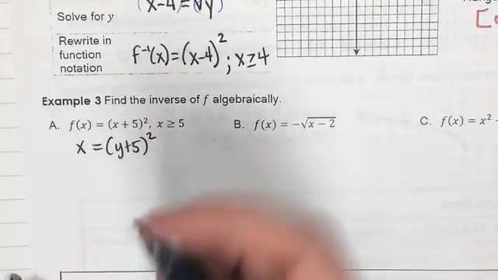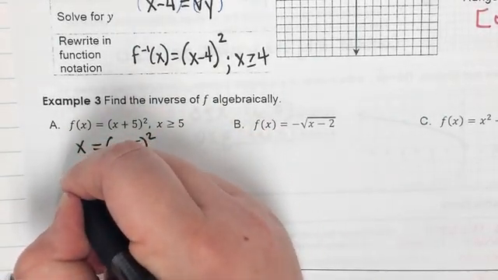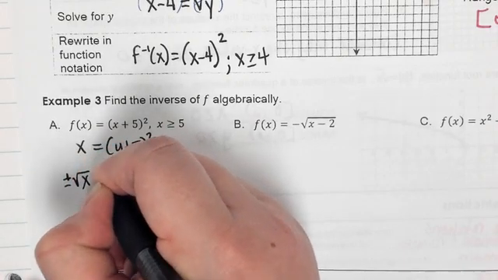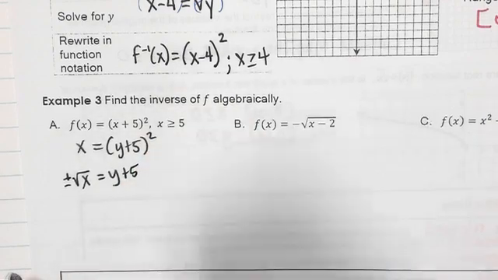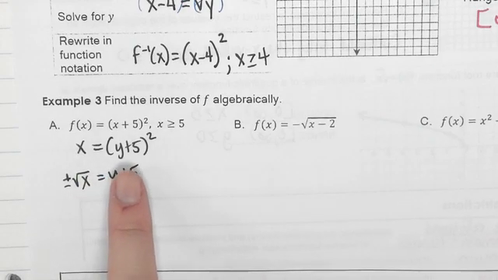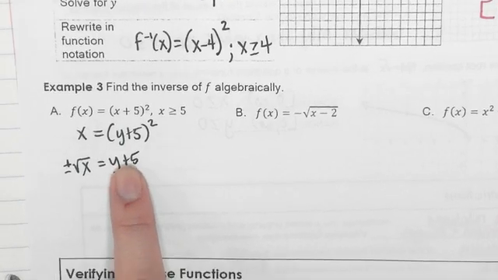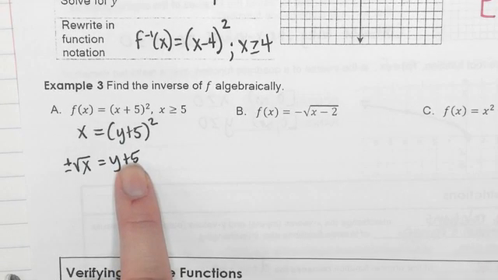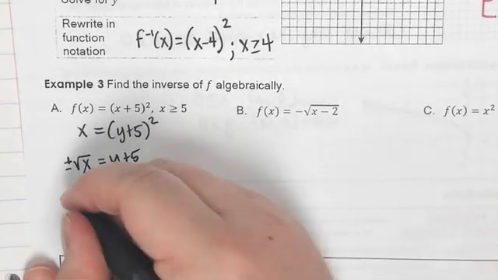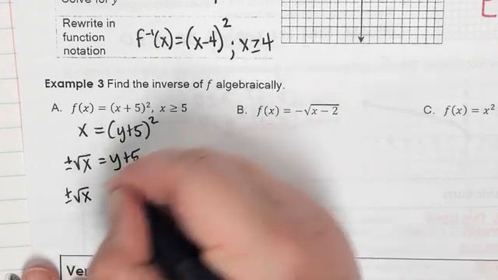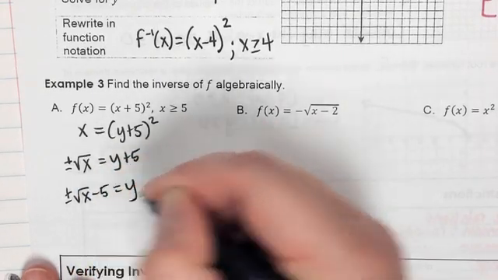And remember, when you take a square root, you do positive and negative square root of x. And then what do I do to get y by itself? Subtract the 5, right? So I have plus or minus square root x minus 5 equals y.